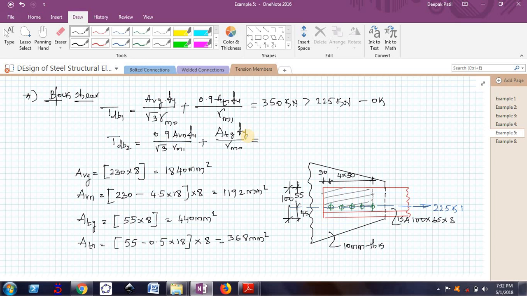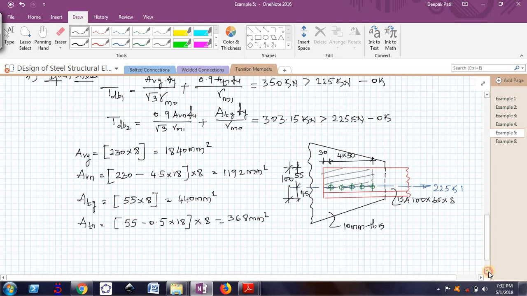So this is 303.15, which is once again greater than 225 kilonewton. So it is okay.